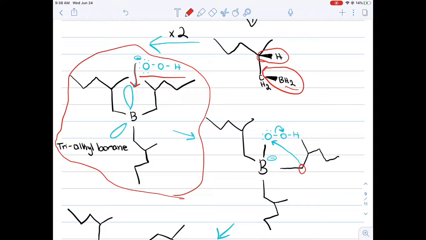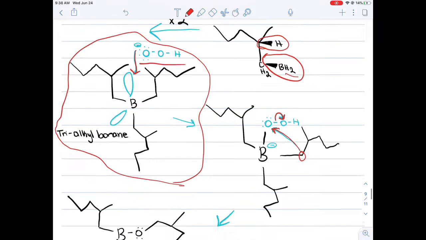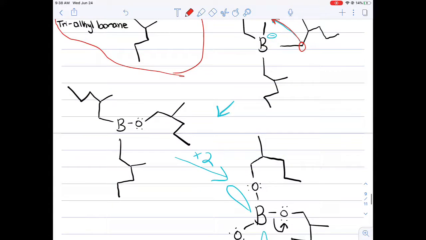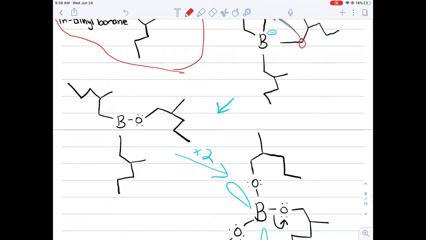And now one of the carbon atoms on the alkanes here is going to form a bond with this oxygen atom, expelling this OH. Giving you this.